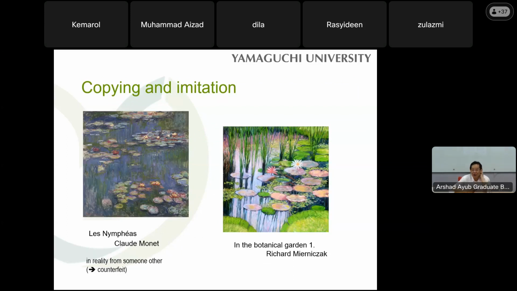So what do you say about these two drawings? One is a very famous painting by Monet. And the right one is the work of Richard Mischop, I'm not sure how to pronounce it, with the title In the Botanical Garden #1.